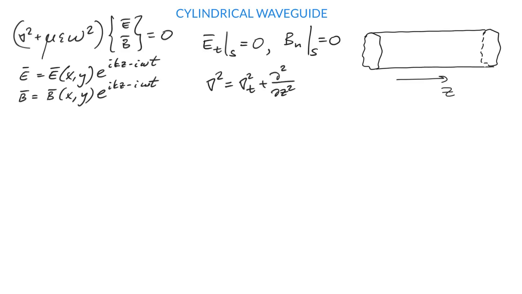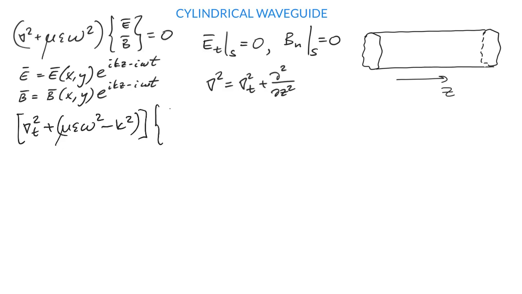If we apply this to the fields written in this form and substitute into the wave equation, we'll get something a bit simpler that contains only the transverse part of the Laplacian. And here we have mu epsilon omega squared minus k squared. So that's the result of acting by the d2 by dz squared operator.